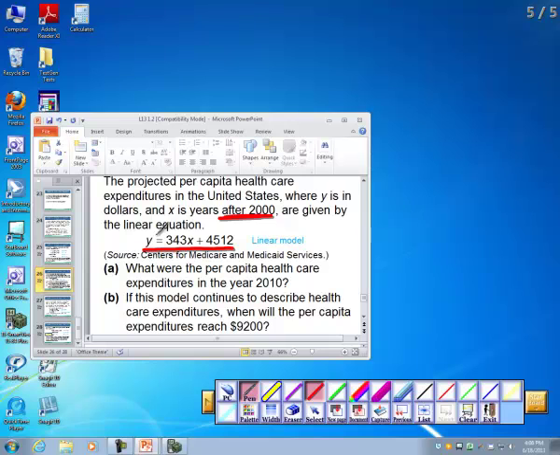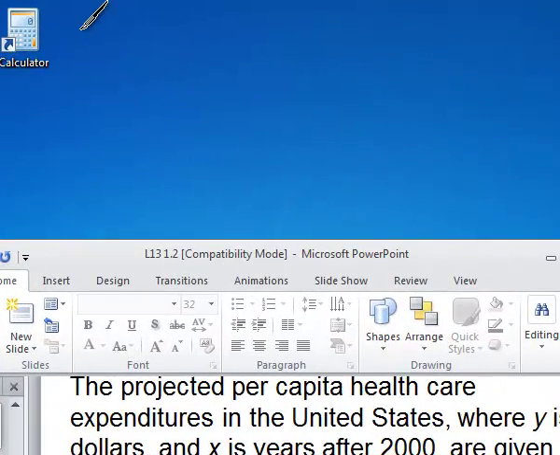So we can say that Y is in dollars and X is in years. So if it starts in 2000, then T0 would have to be 0. So in 2010, this would be 10 years.